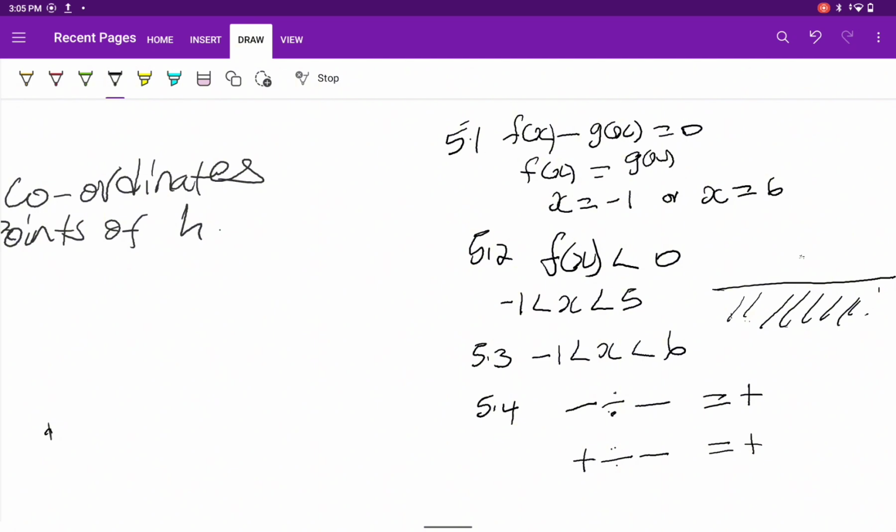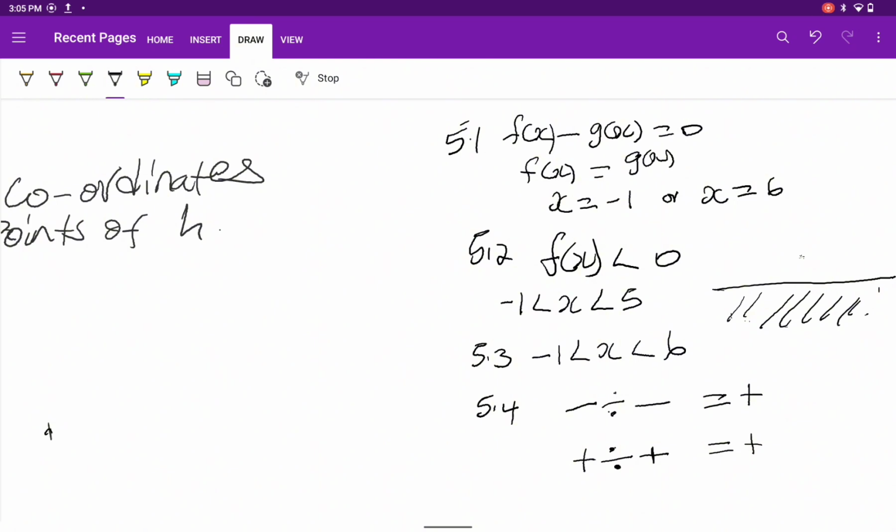So it means one graph must be negative and the other one must be negative, or one graph must be positive and the other one must be positive also, so that we get a positive, right? So what does that mean?